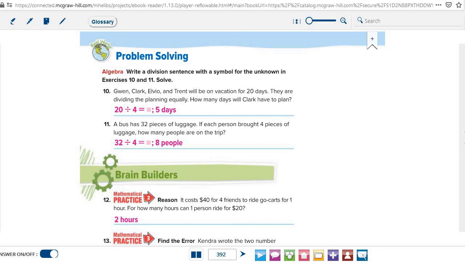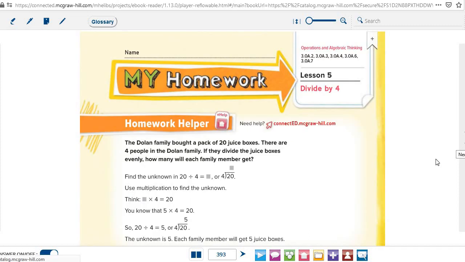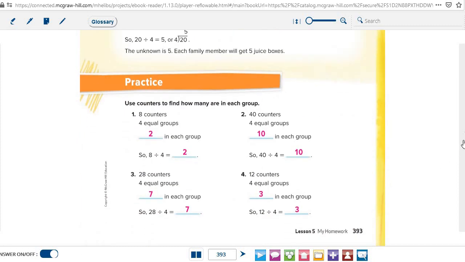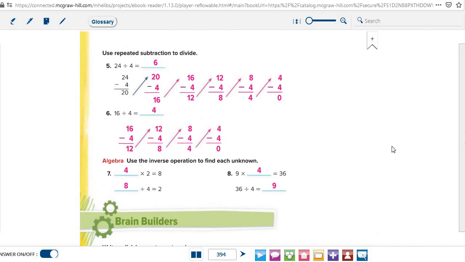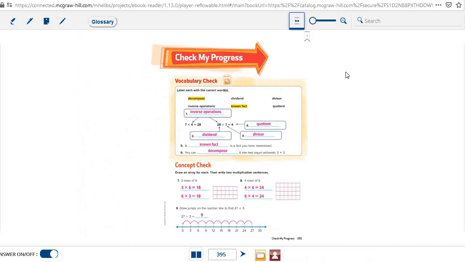Please try to solve it by yourself, and then when you finish, you can check your answers here. The same for page number 394. Here it is. And of course, you can check your answers for Check My Progress here, page number 395 and page number 396.